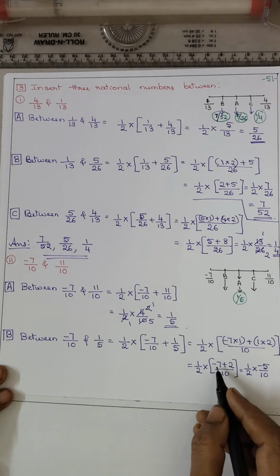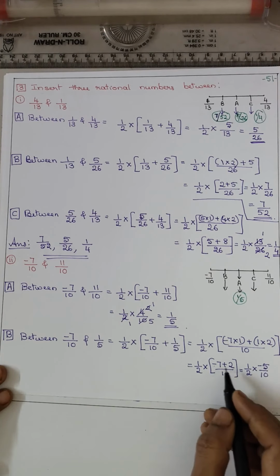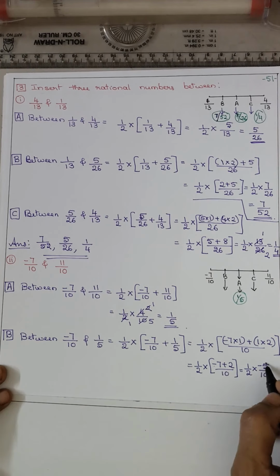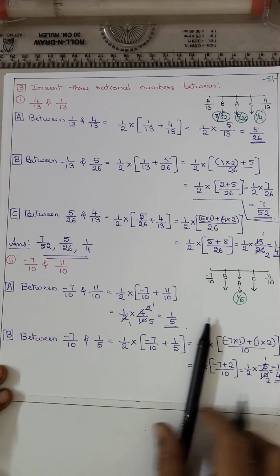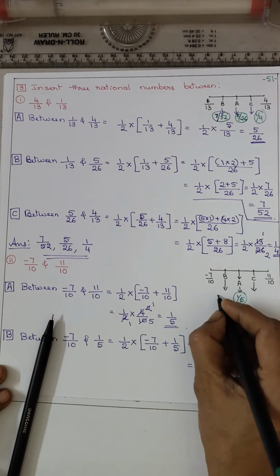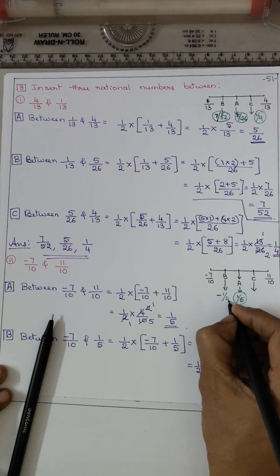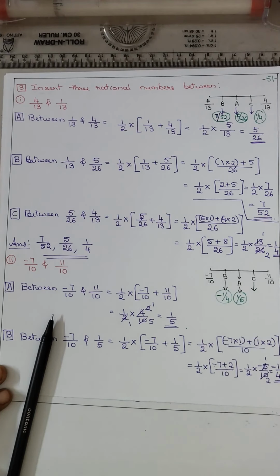Why? Different signs, subtract, bigger number's minus, 7 minus 2 is 5. 5 ones are 5, 2 tens are 20; minus, 1 ones are 1, 2 twos are 4. So you got the answer minus 1 by 4.